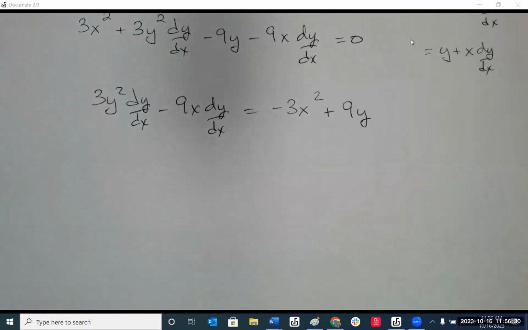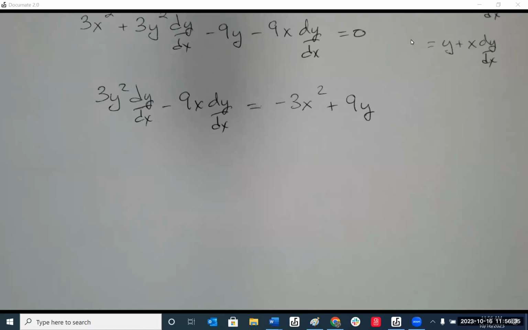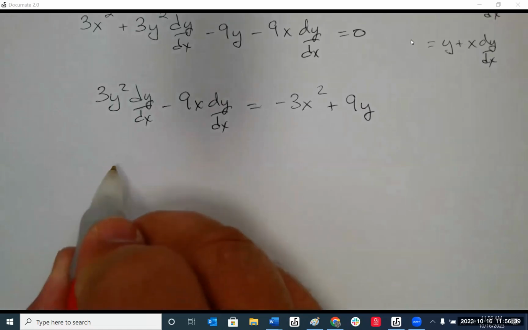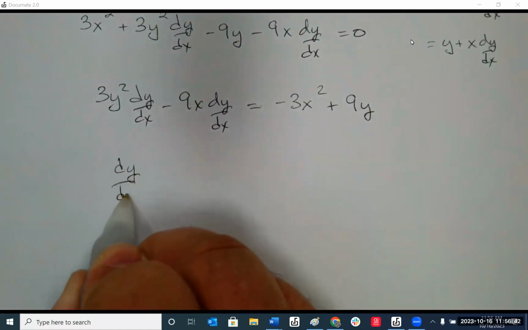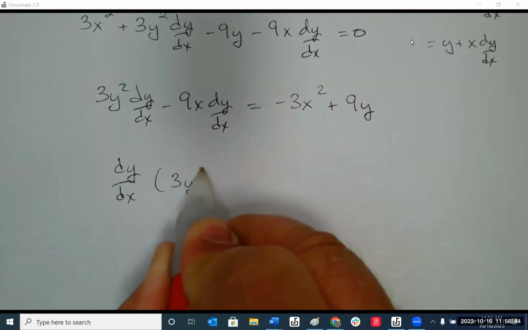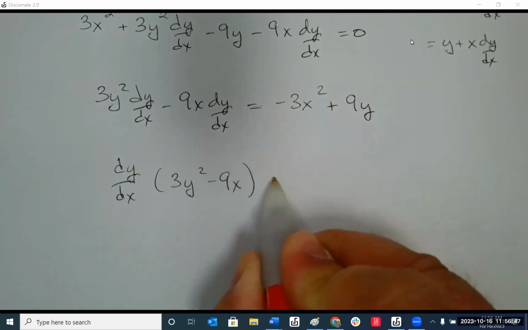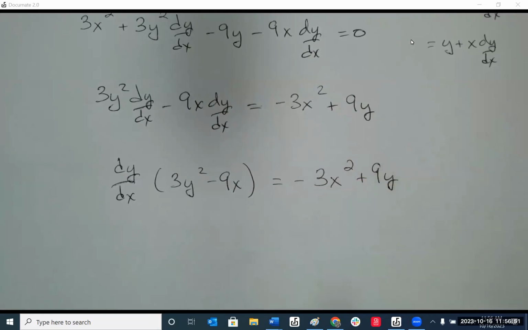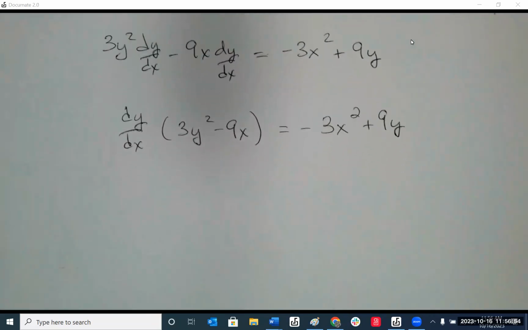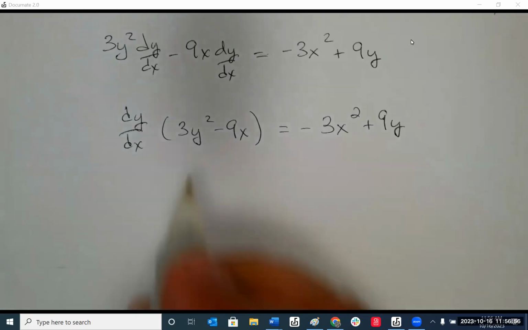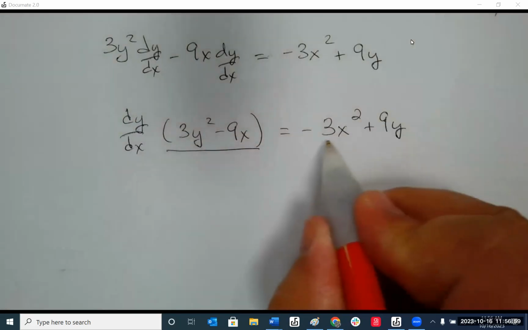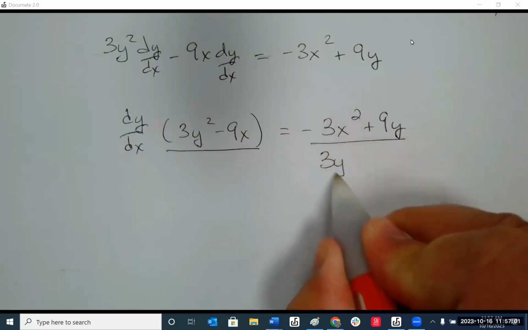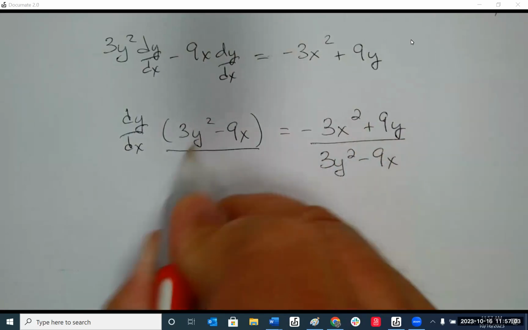Then what do we do? We're trying to get dy dx by itself, so we have to factor it out. And then divide both sides by 3y squared minus 9x.